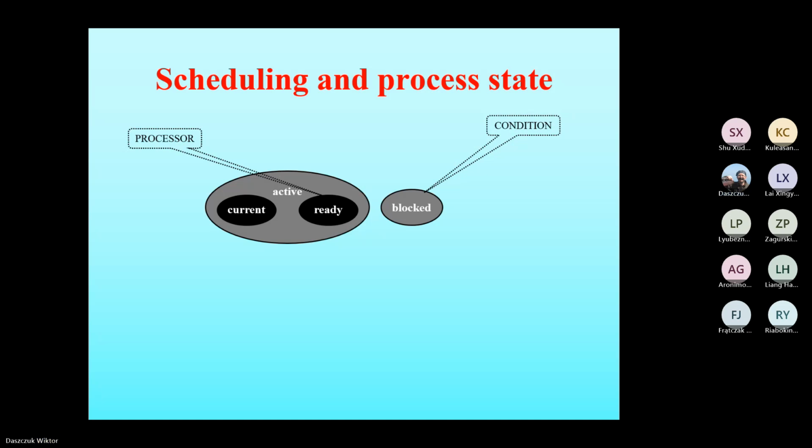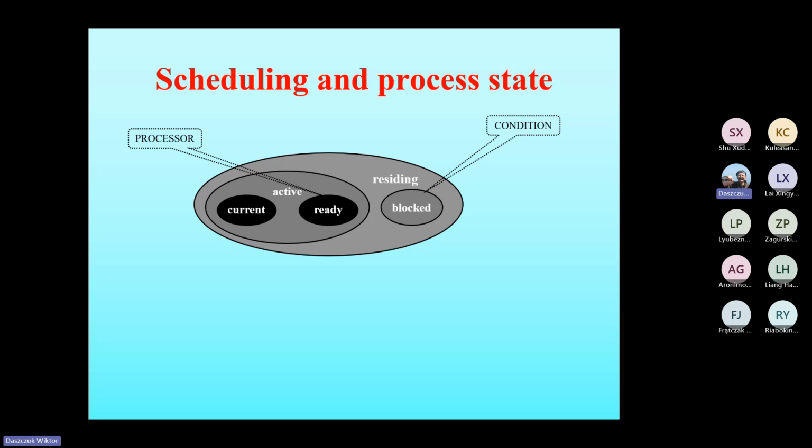And I explained to you that blocked typically is judged, blocking and unblocking is judged on a higher level of abstraction. It's not in the kernel. We can treat those two as a common state residing in memory.